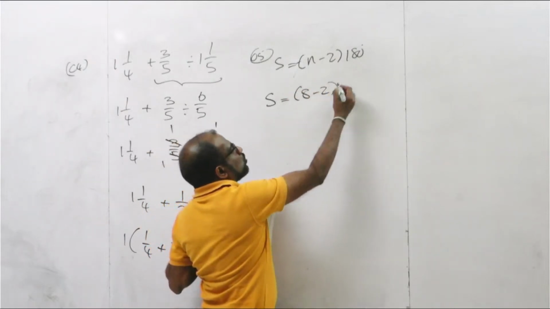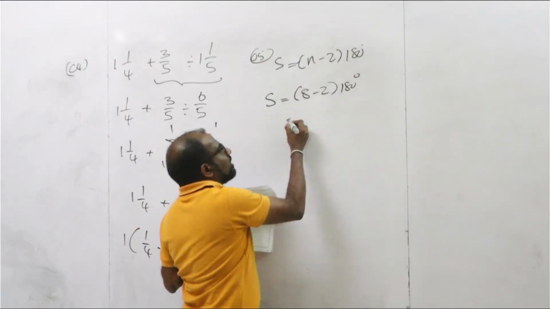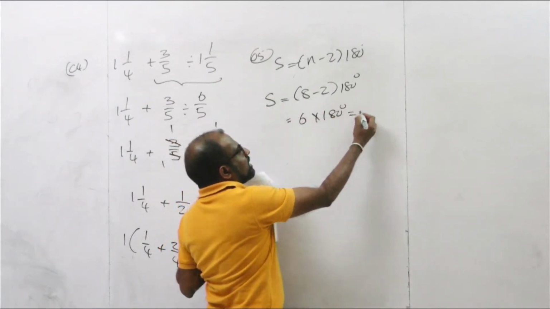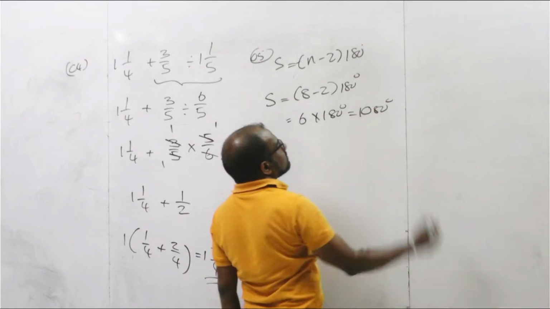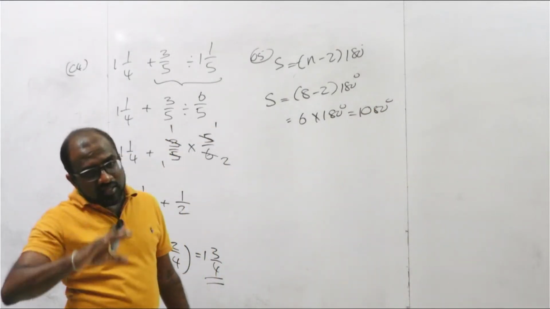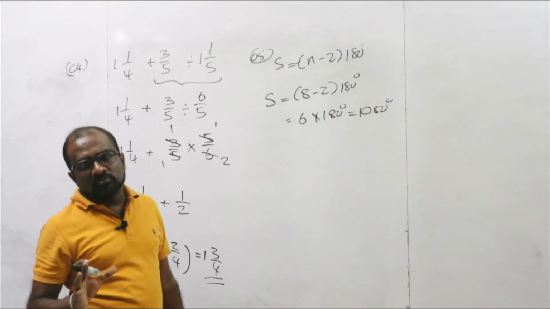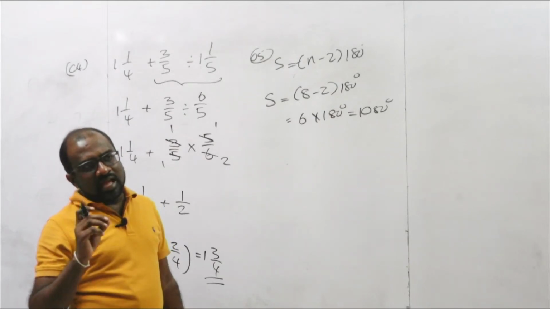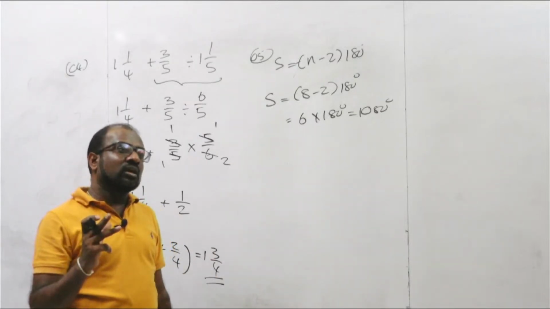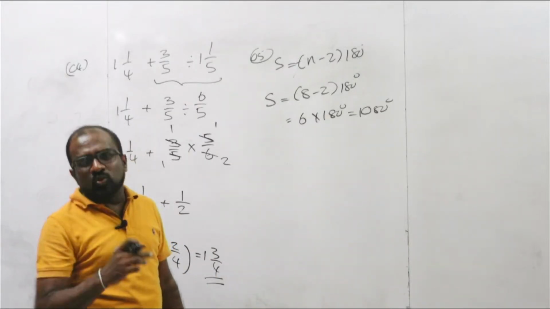8 minus 2 times 180. 8 minus 2 is 6, and 6 times 180 is 1080. The sum of interior angles of an octagon is 1080. It is regular, so all the angles are equal in magnitude.